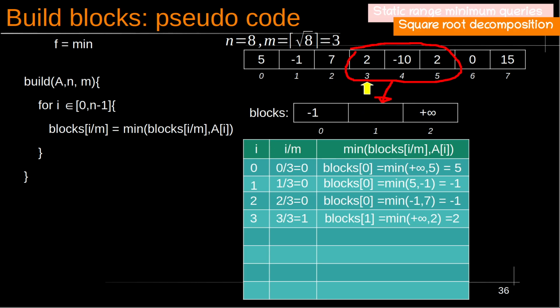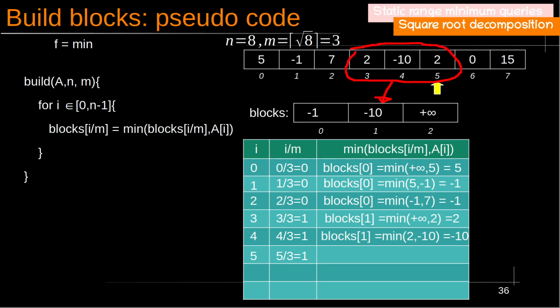So blocks of 1 is 2. I goes to 4. 4 over 3 is 1. So in blocks of 1, we will store the minimum between the previous computation and the new common value from the original array, which is A4, which is minus 10 here. So the minimum between 2 and minus 10 is minus 10. So blocks of 1 will be minus 10.